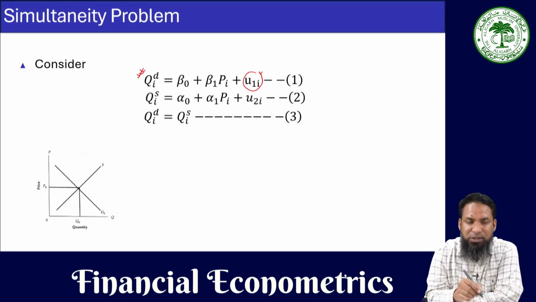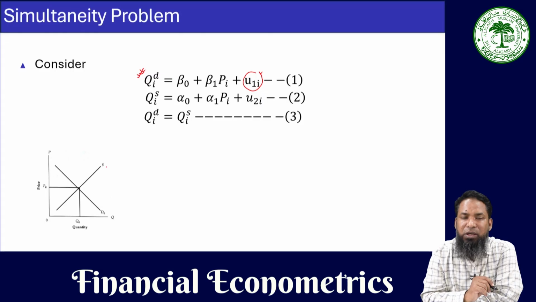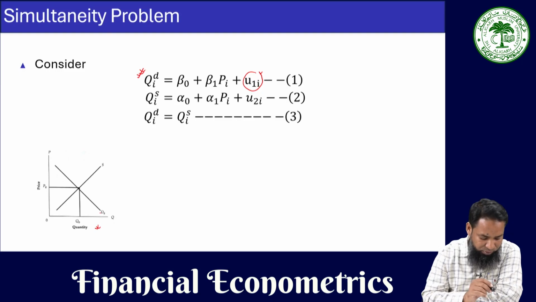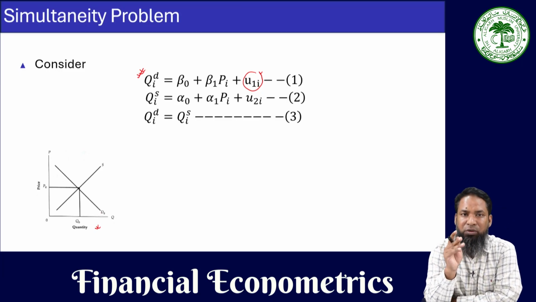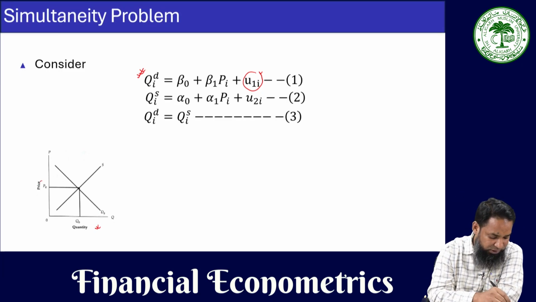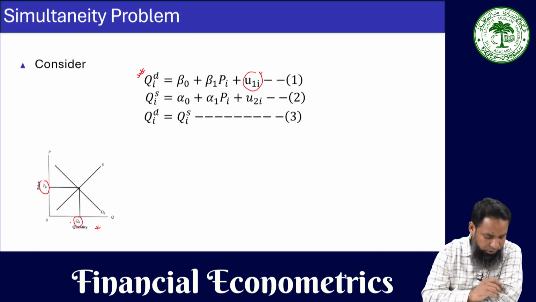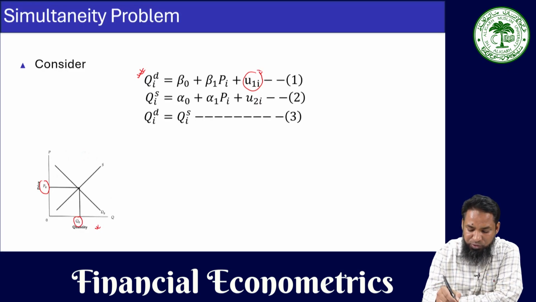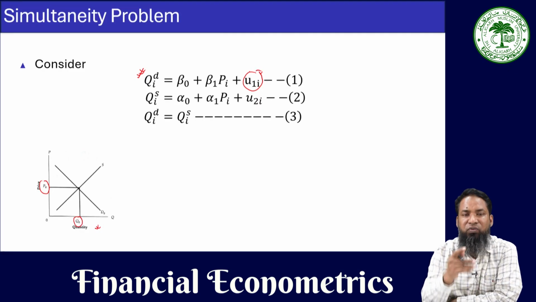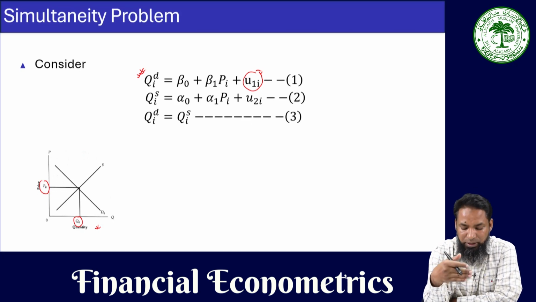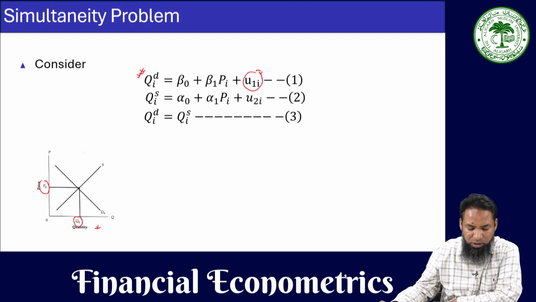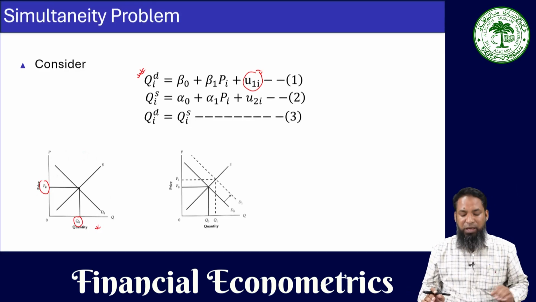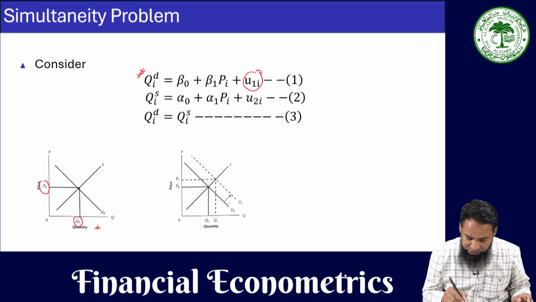Now, if we look at this change in graphical form in the equilibrium situation, what happens? This is the initial situation where the quantity demanded and quantity supplied are at equilibrium, with the equilibrium price P0 and the equilibrium quantity Q0. Now we have a certain shock, let's say a positive shock in the error term in the form of a change in tastes and preferences, due to which there is a change in the quantity demanded.